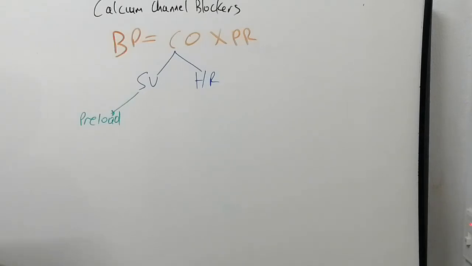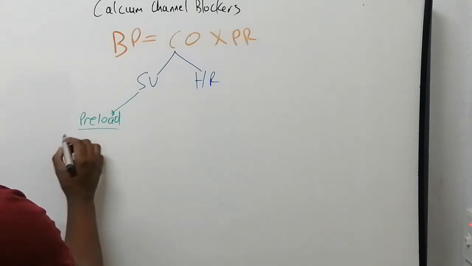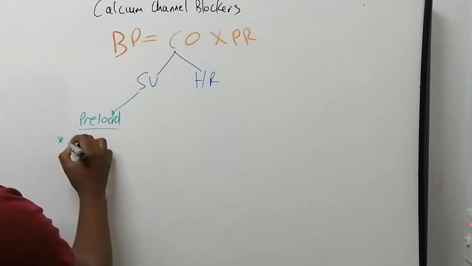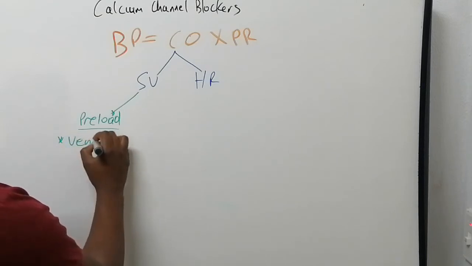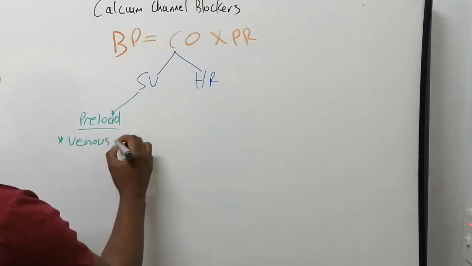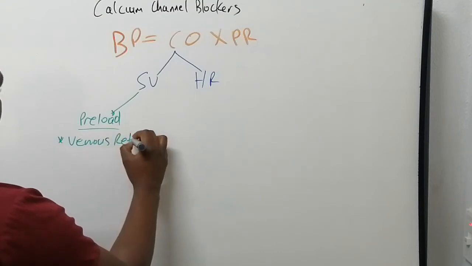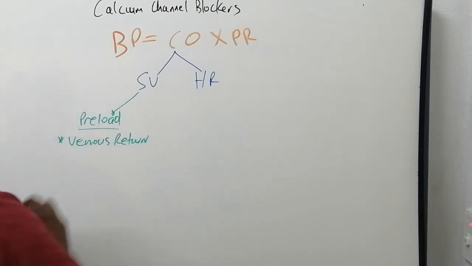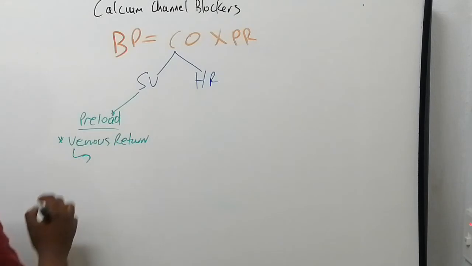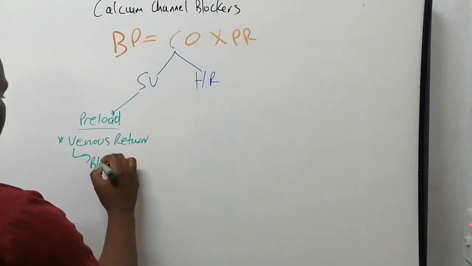And if you increase the patient's preload, their stroke volume will increase, their cardiac output will increase, and also their BP will increase. So preload depends on the venous return, and the venous return depends on the blood volume.